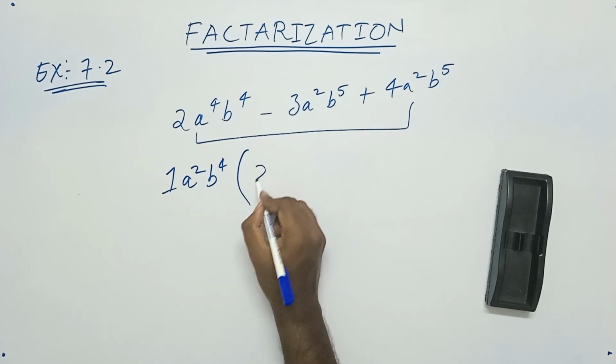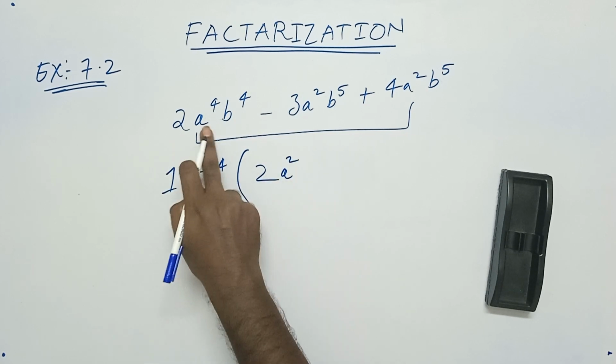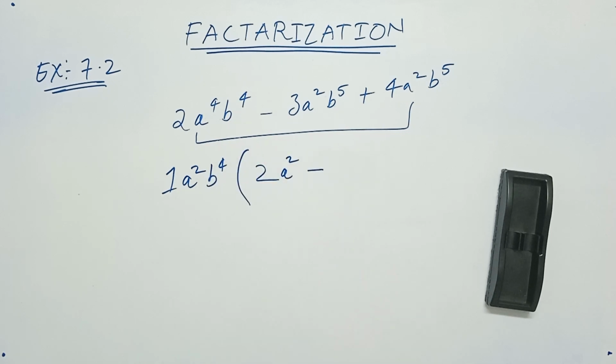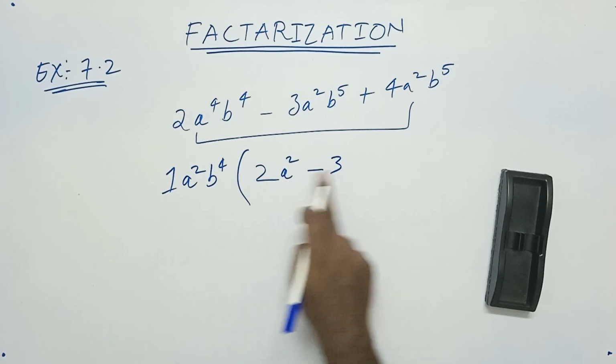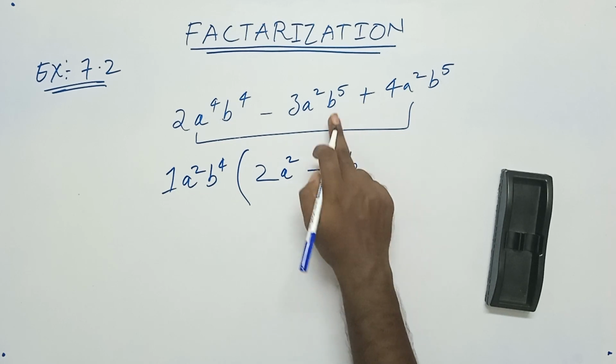So 1 into 2 is 2. a square into a square is a power 4. b power 4 times 1 is b power 4. Then we have a minus sign. 1 3s are 3. a square into 1 is a square. b power 4 times b is b power 5.